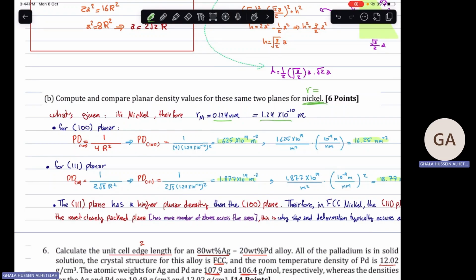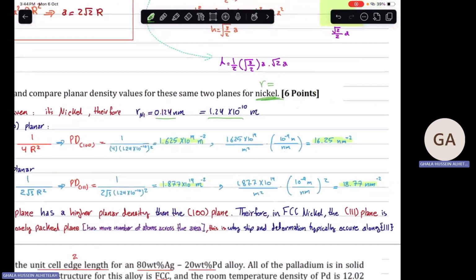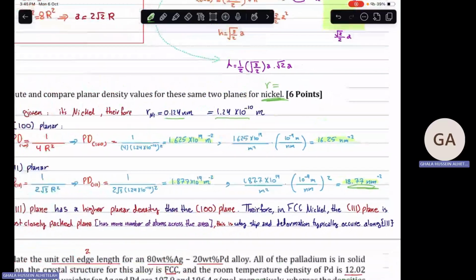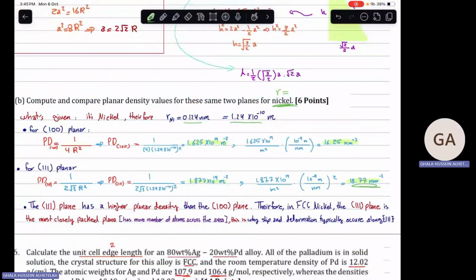Just plug the numbers into these equations. You will find that the density of plane 111 is greater than plane 100, because we have many more atoms in the plane 111.